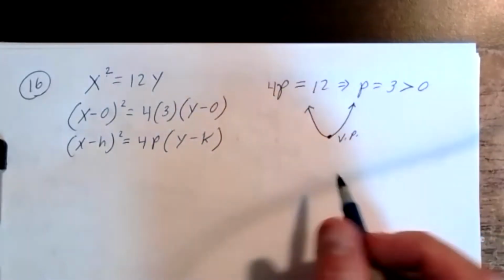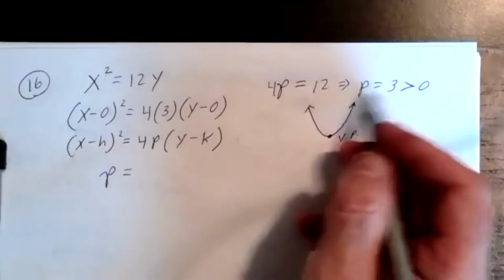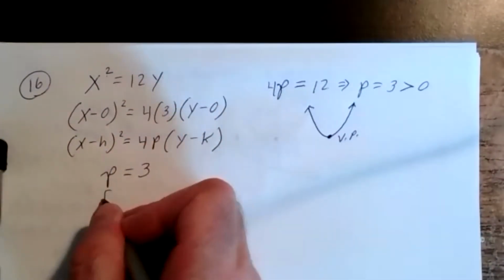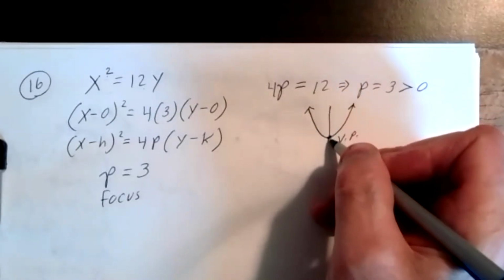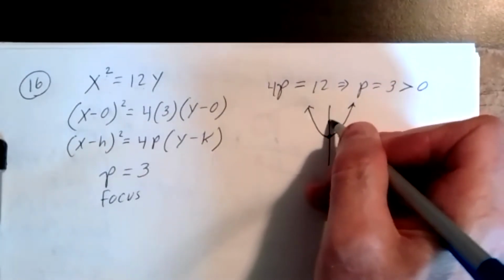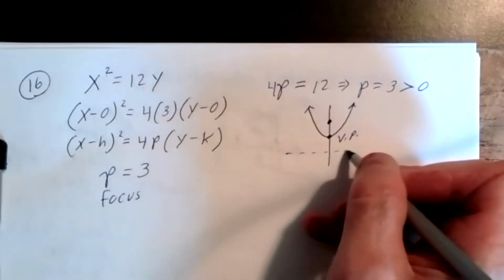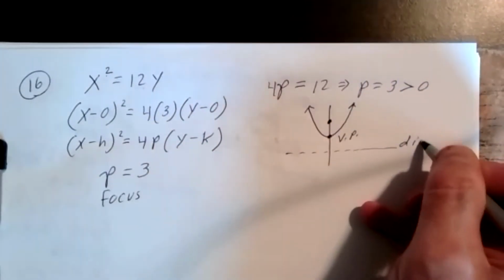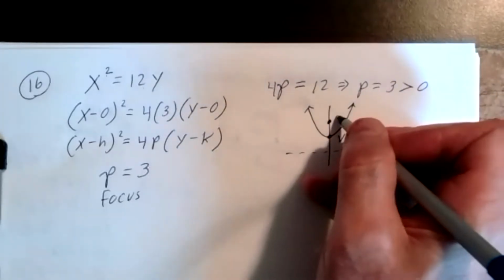That's your vertex point. What would be our focus in this case? Since the parabola opens upwards, your focus is going to be higher than the vertex point, and your directrix is going to be horizontal down here. This would be your directrix, and your focus is going to be up here.